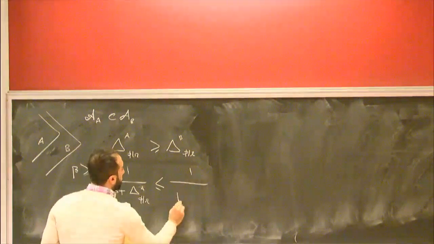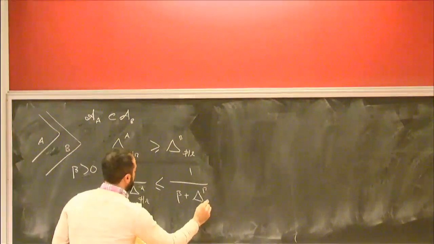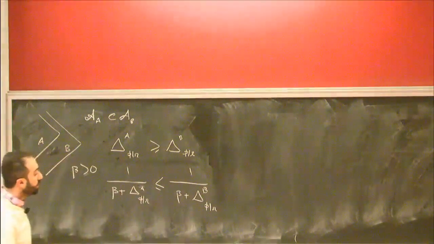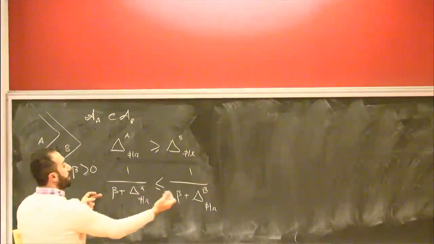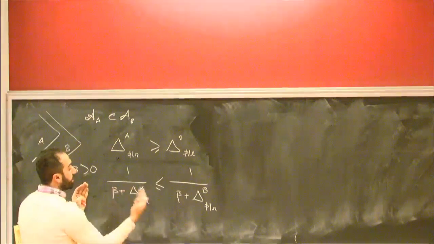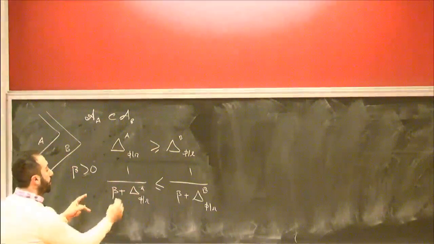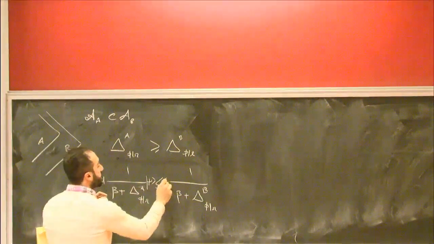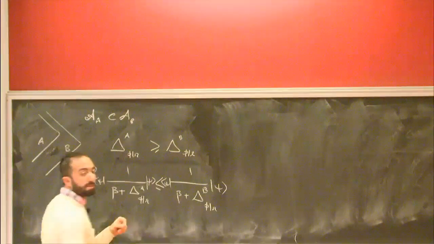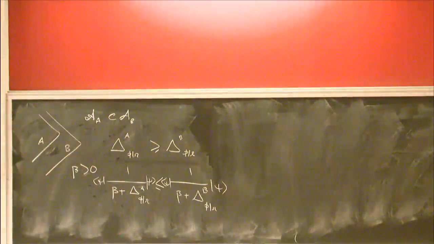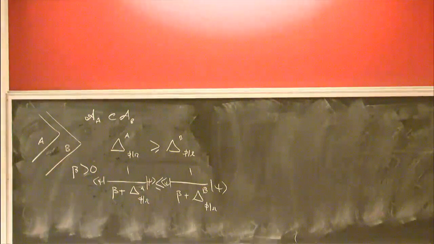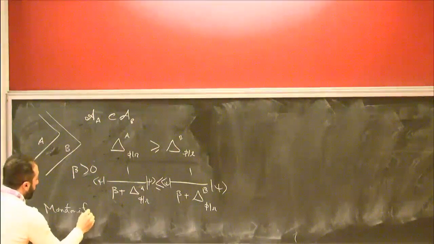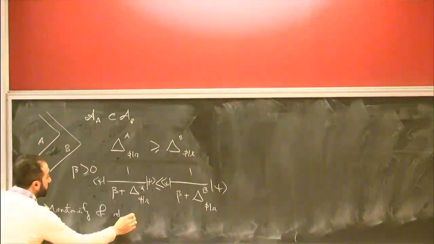Therefore, you have this inequality as an operator inequality, meaning that if you evaluate both sides in arbitrary states, so if you put some psi here, psi here, this is an equation for arbitrary psi. This is the so-called monotonicity of the relative modular operator.